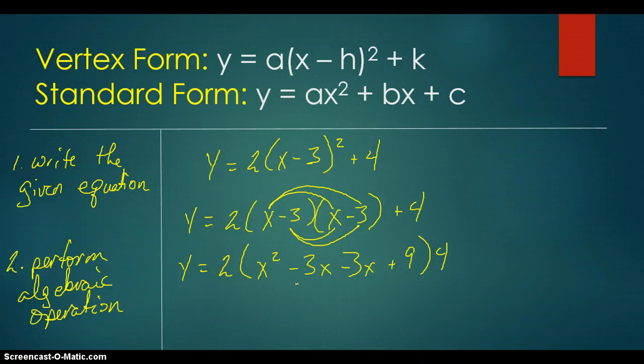If you'll notice that this negative 3x and this negative 3x are like terms, and I can combine them together to a minus 6x plus 9, and we need to still remember our plus 4 out there.